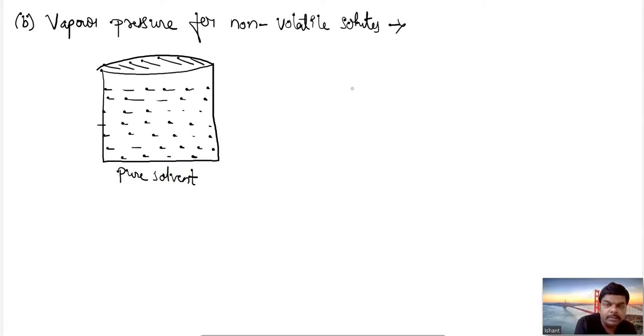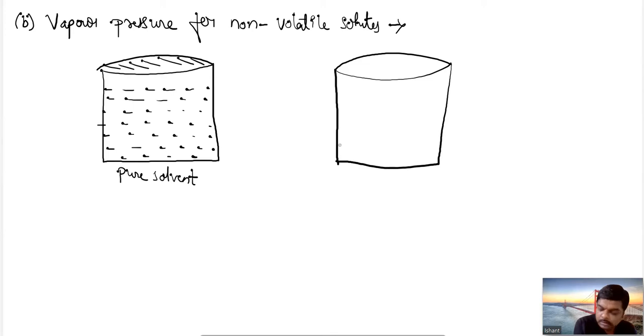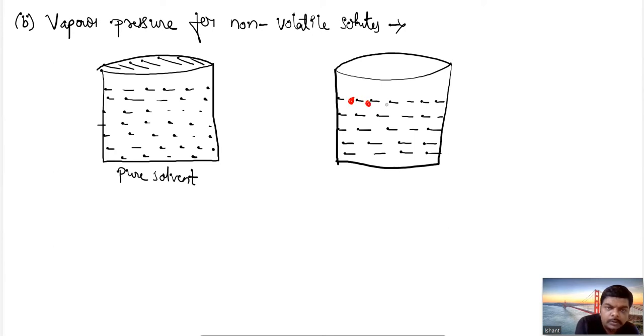In the next container, I am taking the liquid solvent, but with the liquid solvent I am also taking non-volatile solid solute.